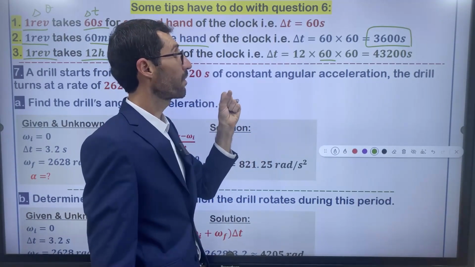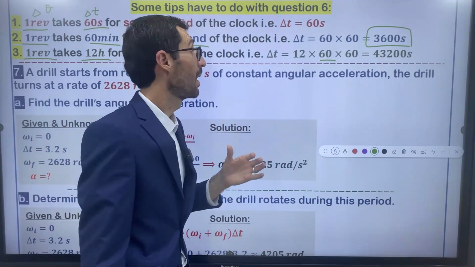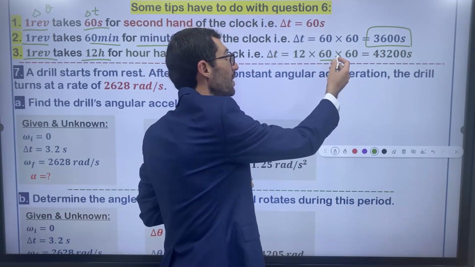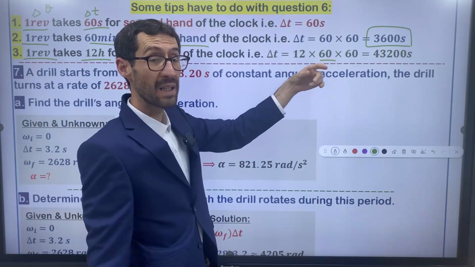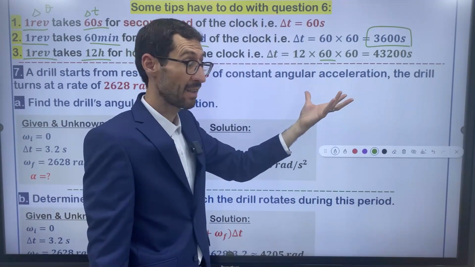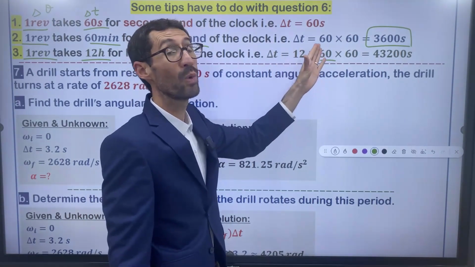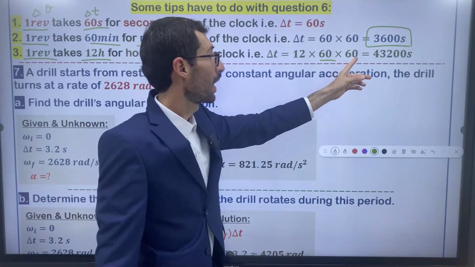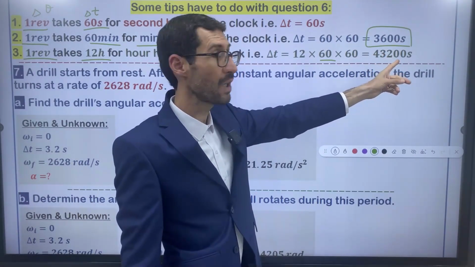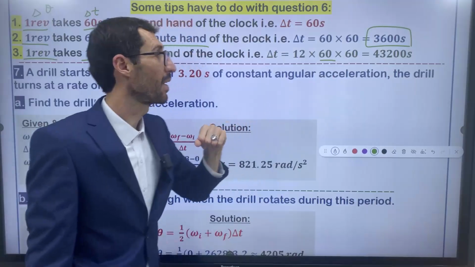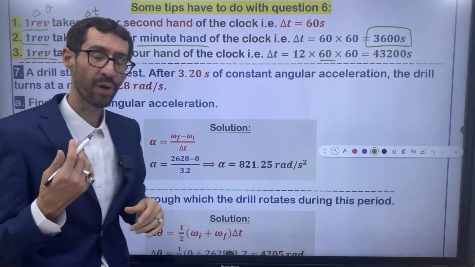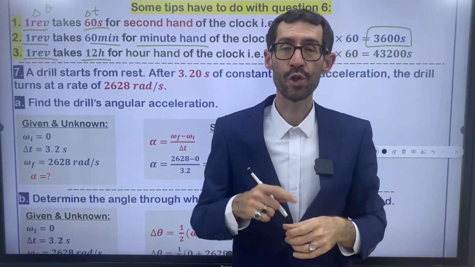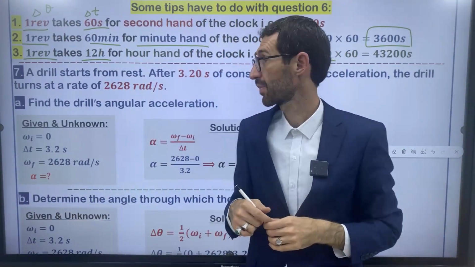We want the time interval in seconds. After that, you multiply by one more 60. So 12 times 60 times 60 gives 43,200 seconds. This is the time interval for our hand to travel one full cycle.